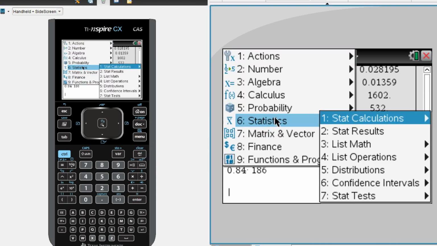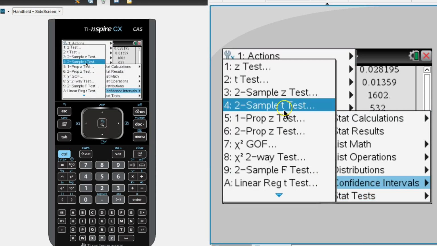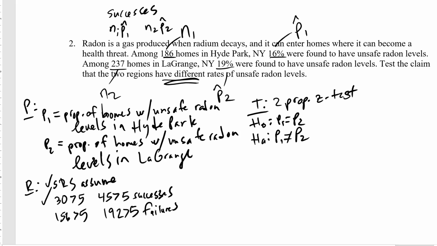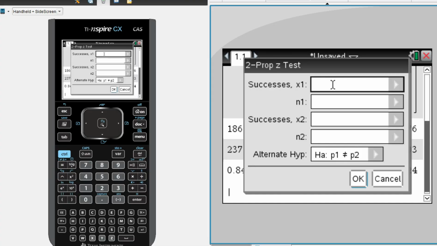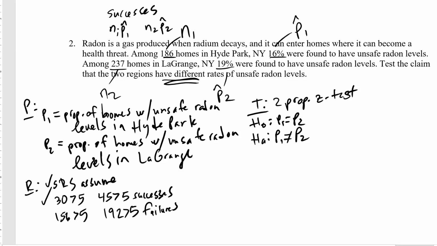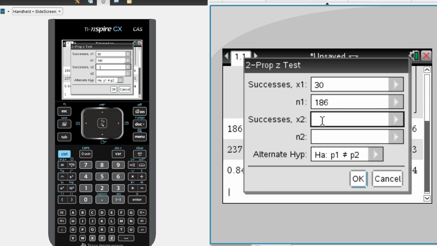Menu, statistics, tests, 2 proportion Z test. How many successes are we looking at here? What was it? 30 and 45. 30 out of 186, and 45 out of 237.